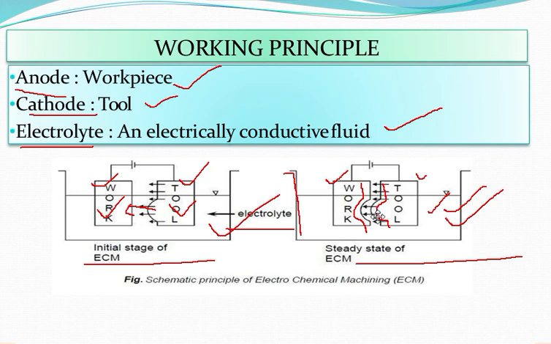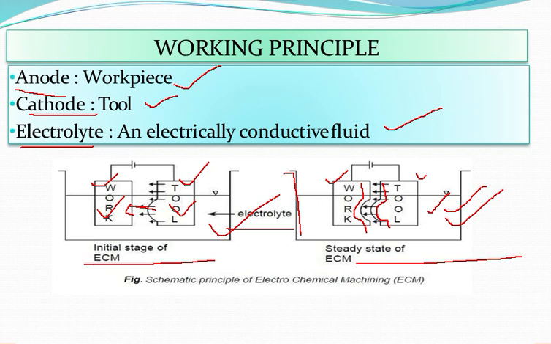And the most important thing is that this tool is giving its shape to the workpiece. So the shape you want in the workpiece can be achieved by the shape of the tool that you are selecting. And the most important thing is that the electrolyte should be an electrically conductive fluid.